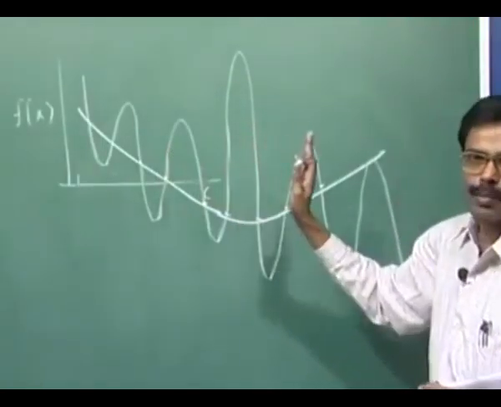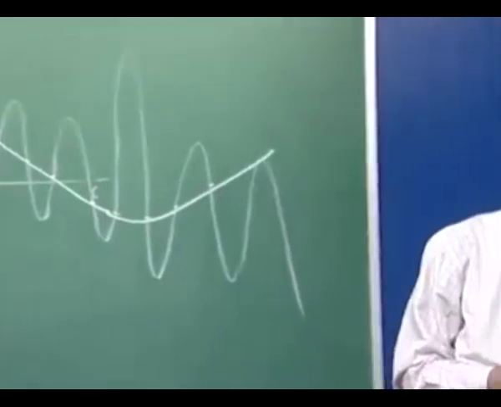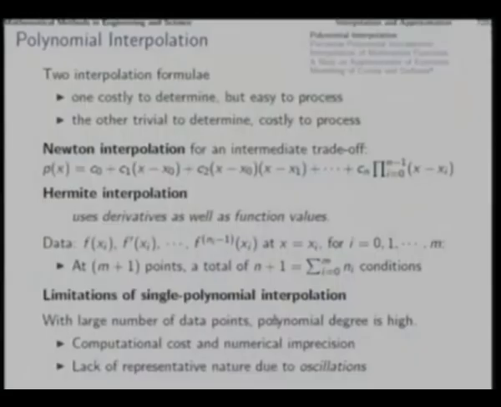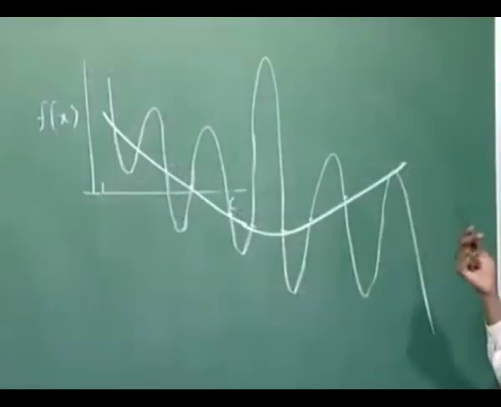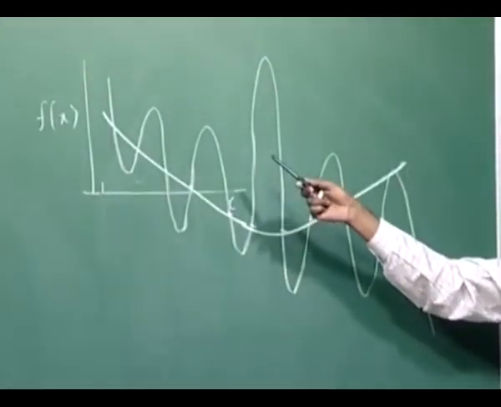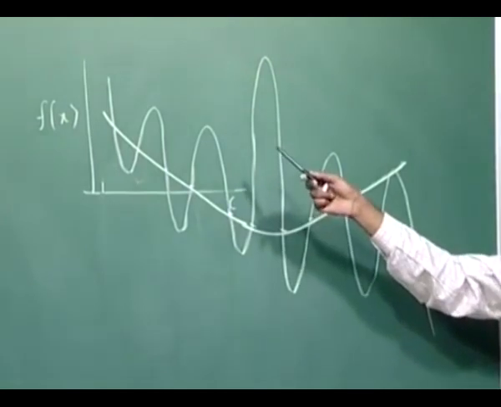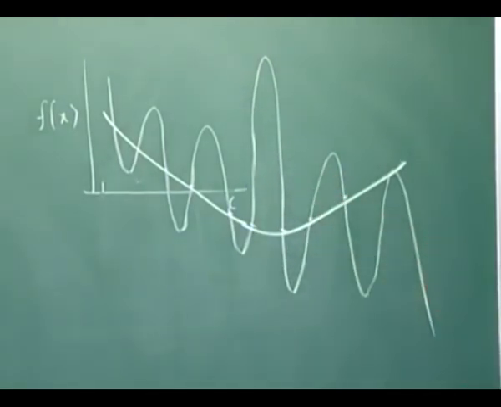So, this is the prime objection to high degree polynomial representation of functions, that it may fail in its prime duty, to represent the function faithfully. So, that is why single high degree polynomial interpolation is something which we usually do not do.